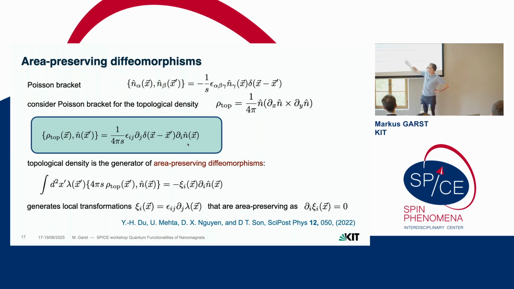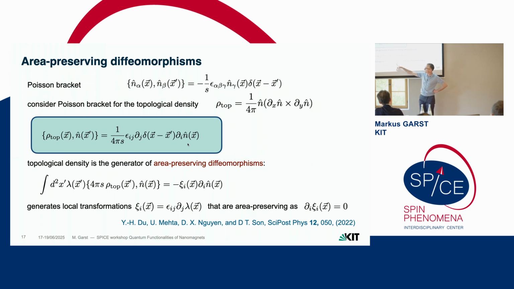If you transform position locally with an infinitesimal transformation, you can do a Taylor expansion, and then in first order you just get this, where psi is this transformation, the shift of space, right? And if you look at this expression, then this psi has this form.